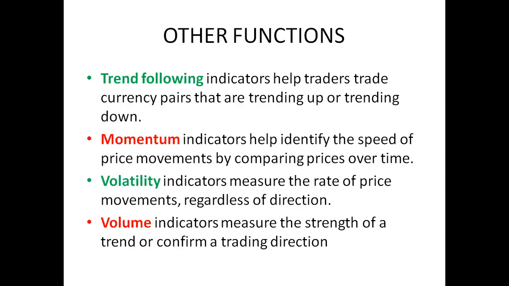Now, there are other functions apart from the three main functions of indicators. There are also other functions that they perform. Let's look at them. They are trend following. And when we say trend following indicators, what they do is that they help traders to trade currency pairs that are trending up or trending down.